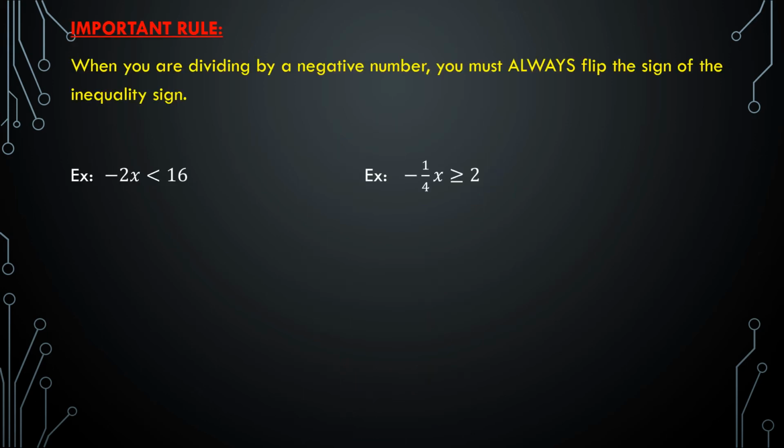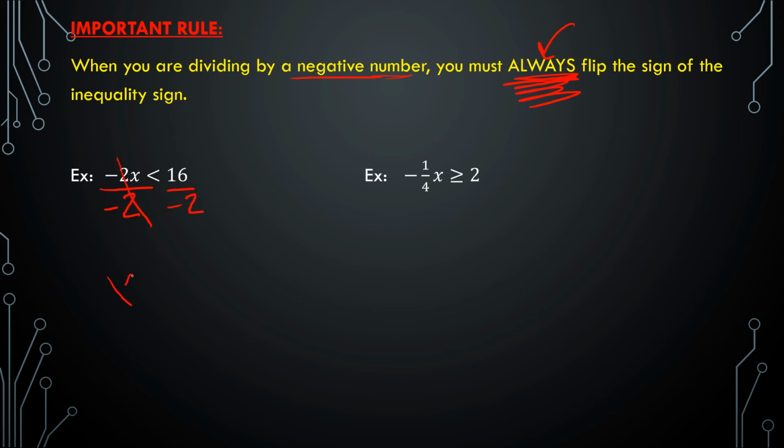All right, now when you are dividing by a negative number, you must always flip the direction of your inequality sign. So in this first example, I have negative 2 times x is less than 16. To get rid of this multiplication, I'm going to do division. I have to divide both sides by negative 2.